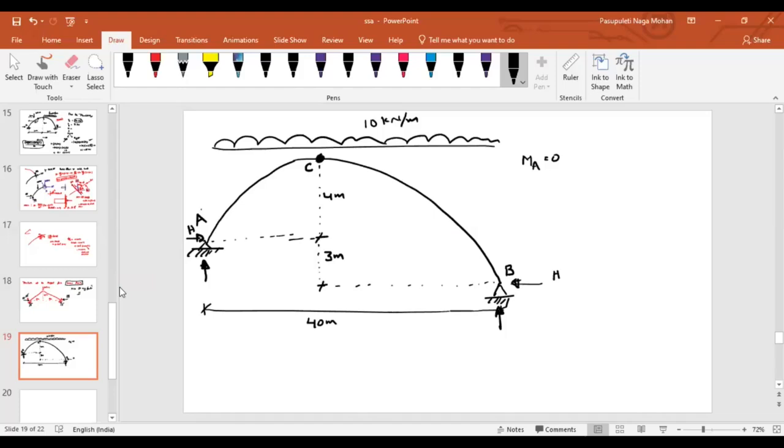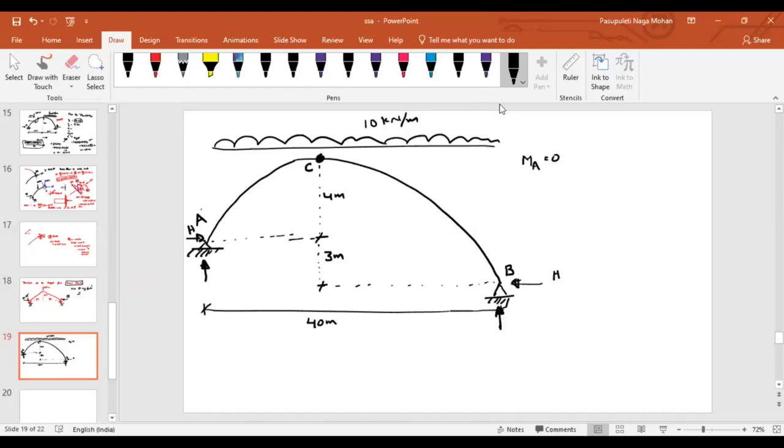No, sir. Then if you add the summation of those two, you should get 0. If the summation of two forces is 0, they should be equal and opposite. So the horizontal thrust at A and B will be the same, because there are no other horizontal loads.